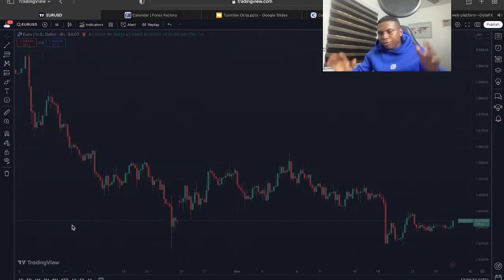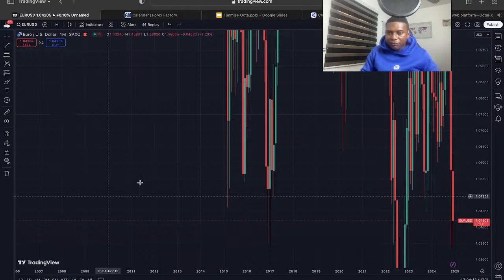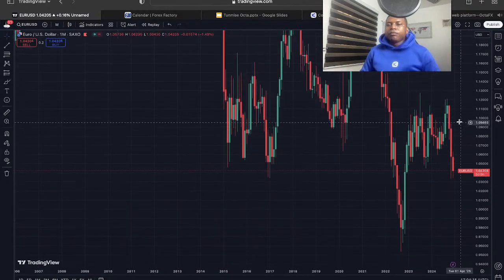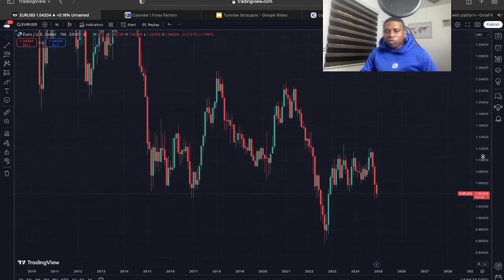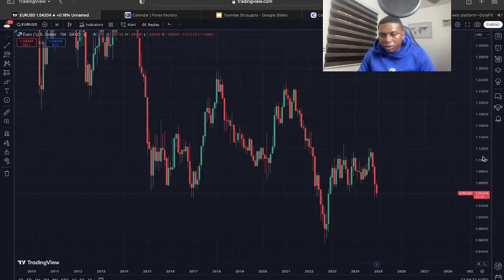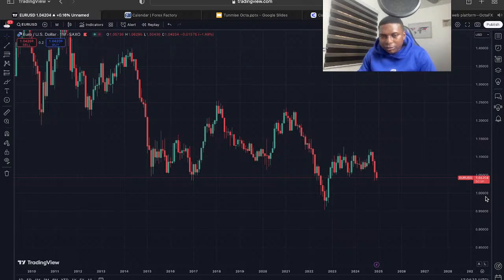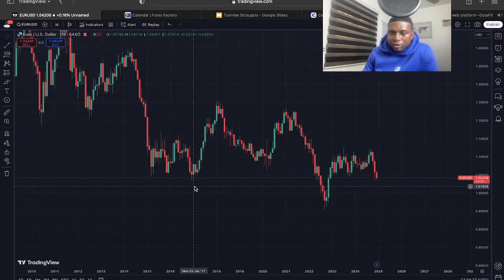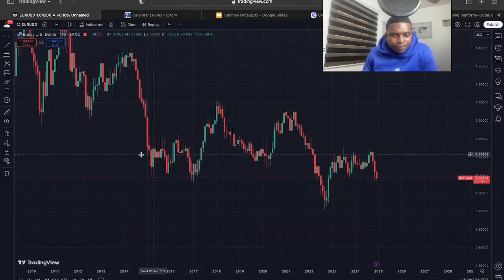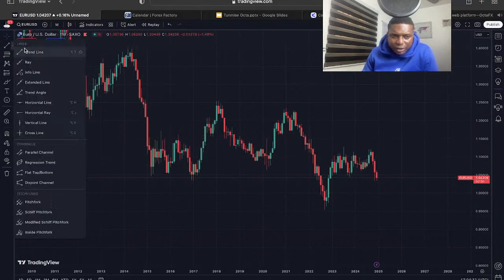Higher time frame, I recommend from the monthly time frame downwards, right? Because this helps us to understand where the market is coming from, what direction the market is going, and key levels of support and resistance as well. So let's map out key levels here.